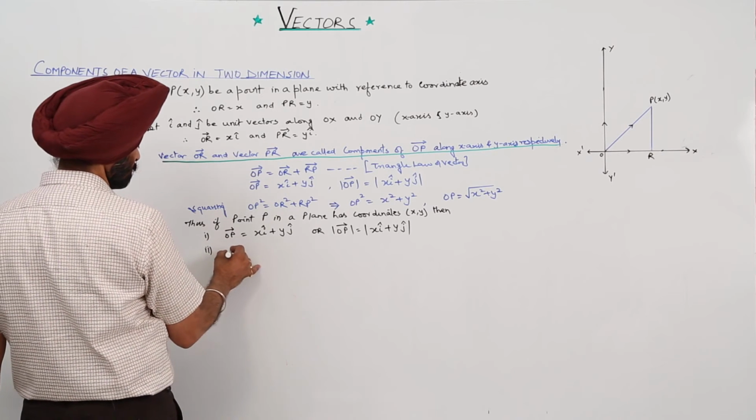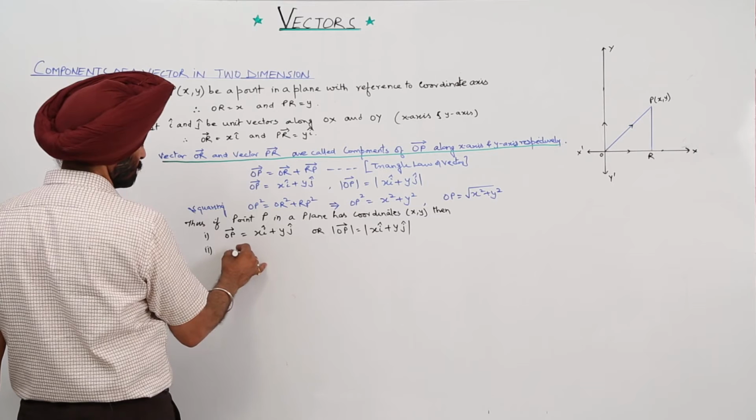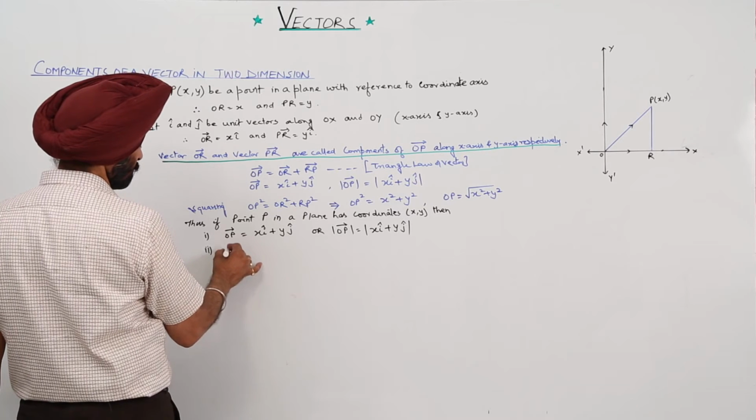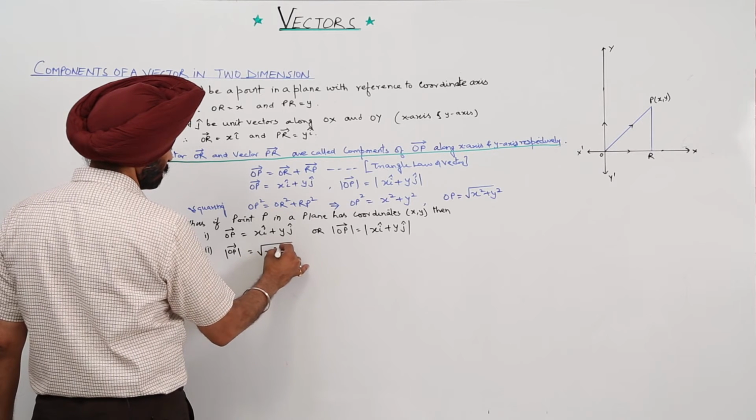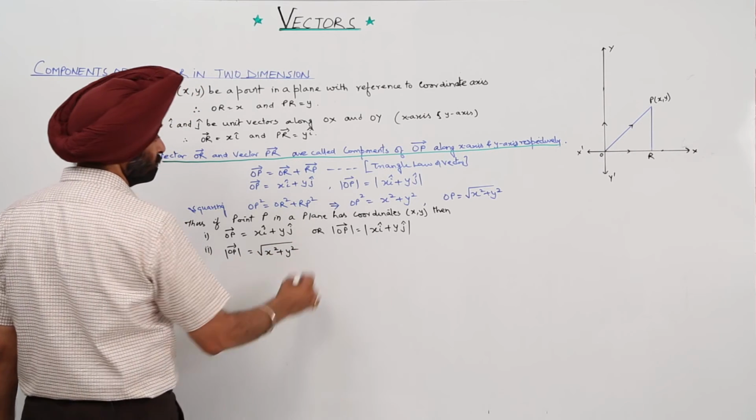Number 2, we can also write the length of vector OP as square root of x square plus y square.